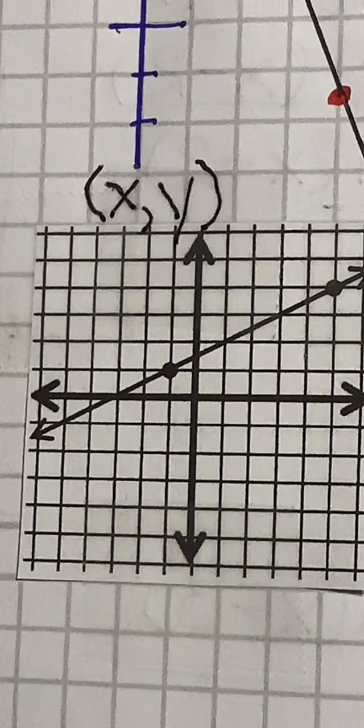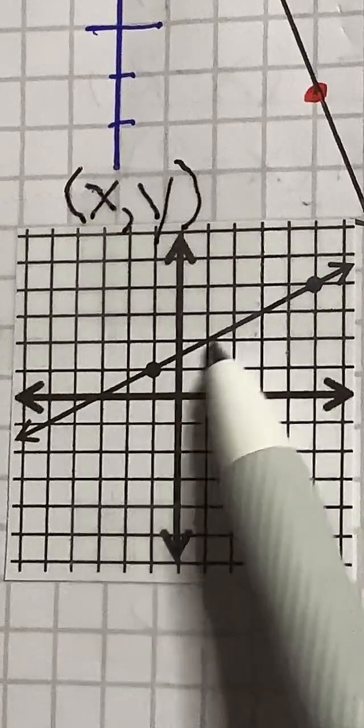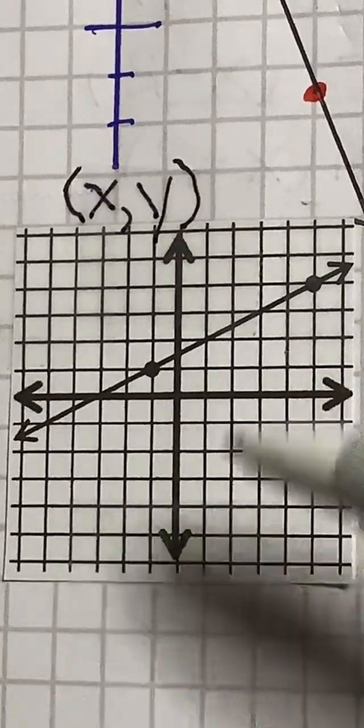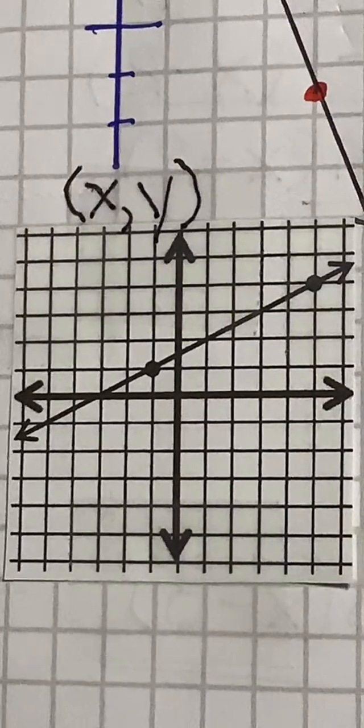No, it's not 1, negative 1. Where is it crossing the y-axis? Not at 0. So we're talking about this line. Where is this line crossing the y-axis?